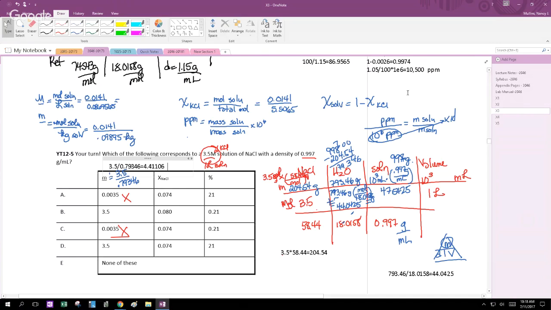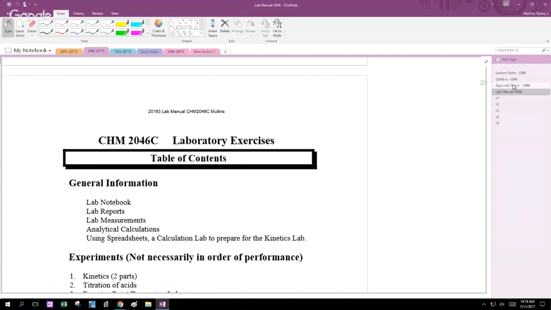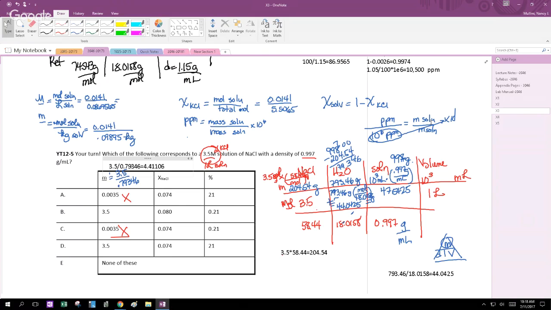Apparently, none of these. Don't even have to bother with the other ones. Oops. Because I know that my molality should have been this value.